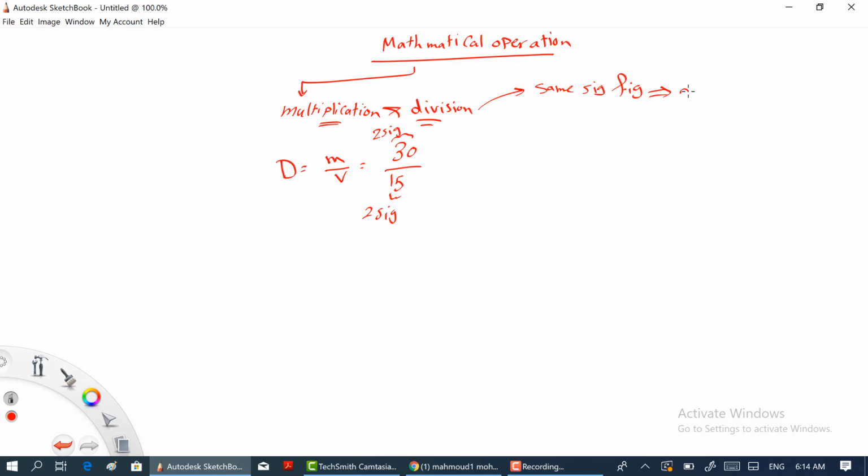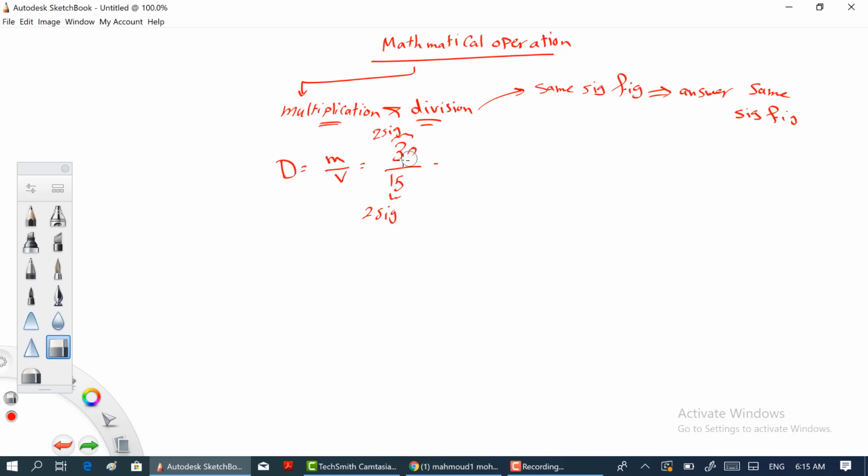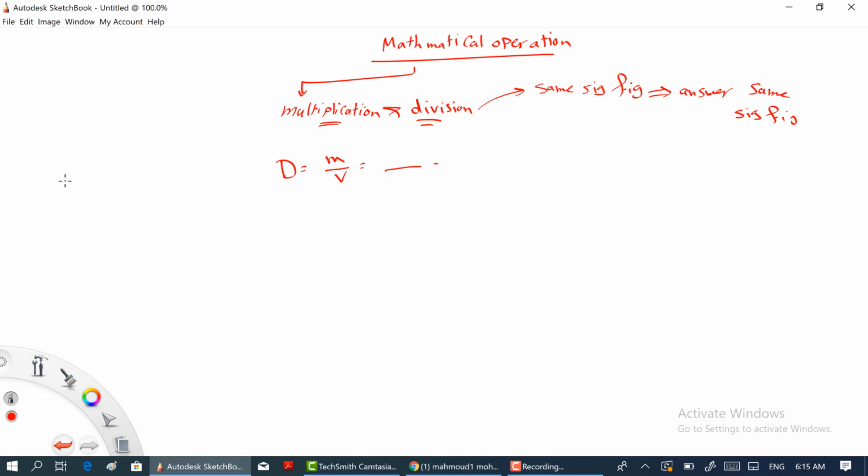The answer has the same significant figures. Let's change the numbers, like 62 divided by 41.